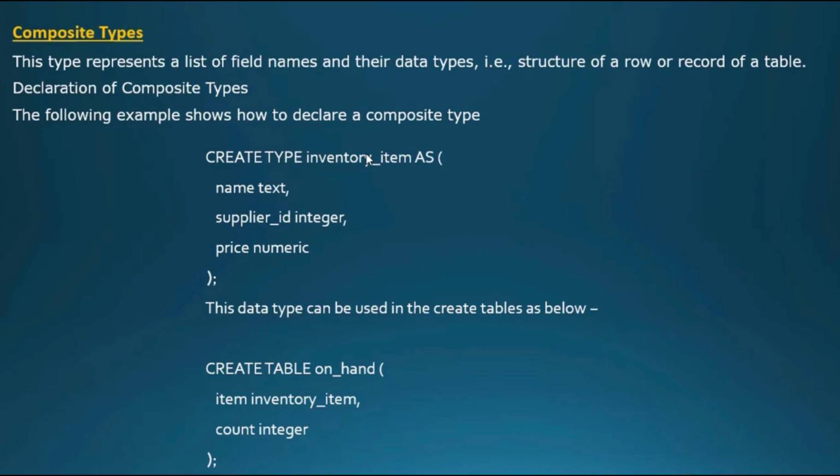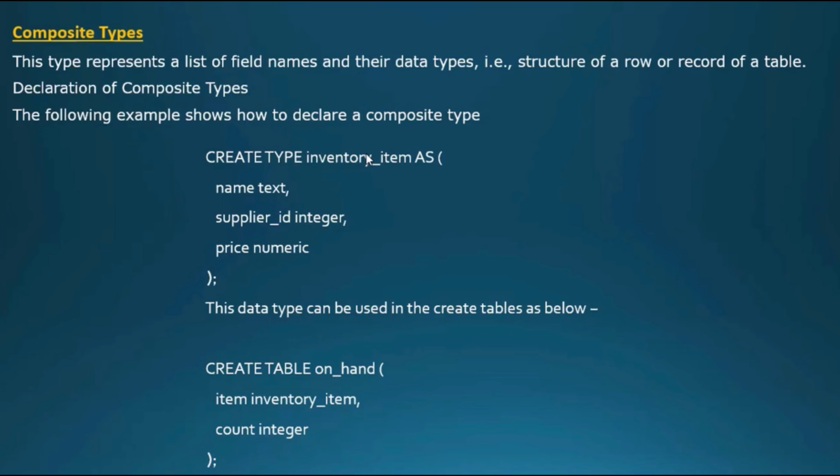And the next one is composite type. It represents a group of multiple fields similar to a structure or record. So the following example shows how to declare a composite type. So first we are creating the composite type. So next we have inventory item. It is a user defined composite type and it contains the item name, supplier identifier and the item price.